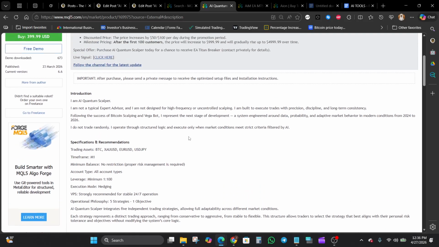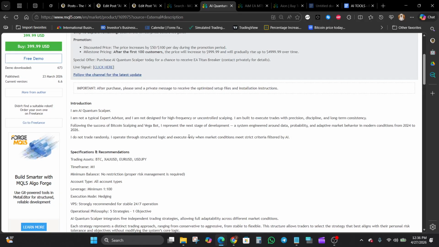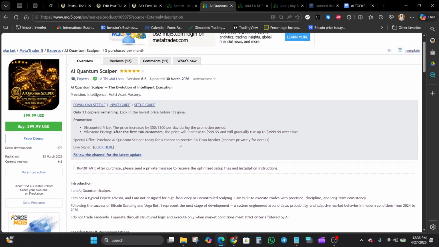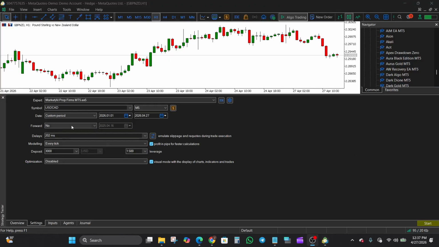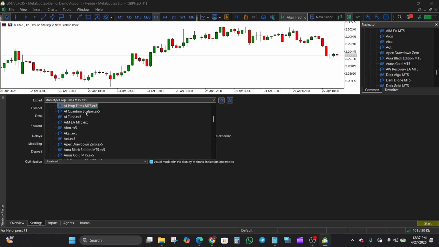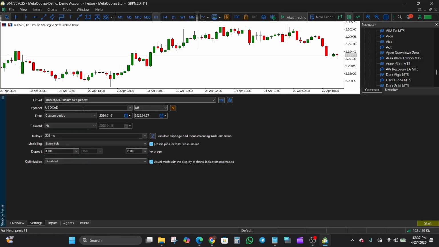Now let me move into the backtesting section so that we can actually see how this behaves on the chart in real conditions. I am going to run this expert advisor on XAU USD on the M1 time frame. Okay, so let's select the AI Quantum Scalper. I'm going to change this to XAU USD and the M1 time frame.